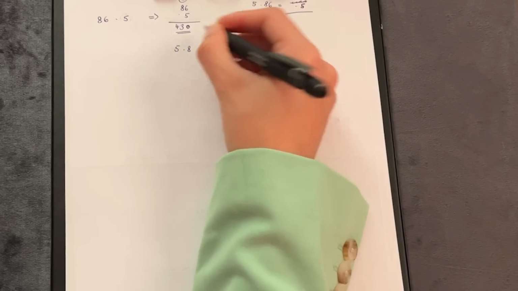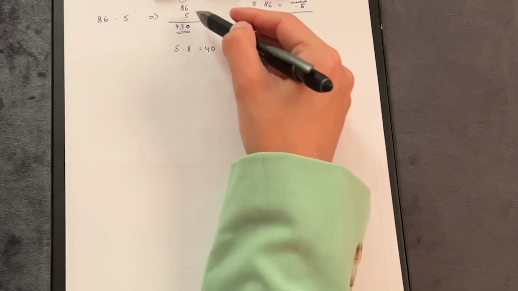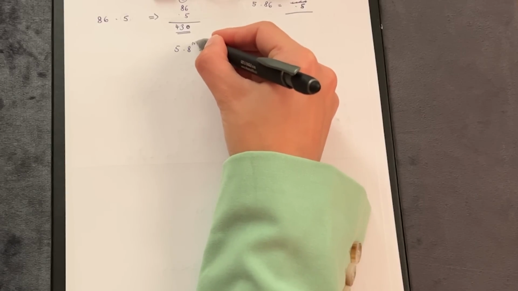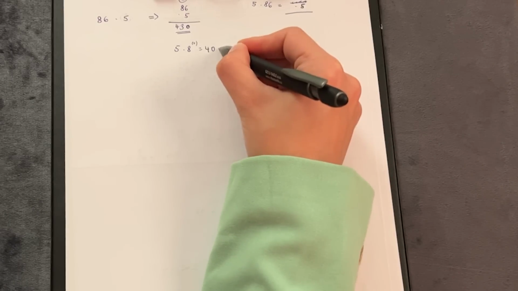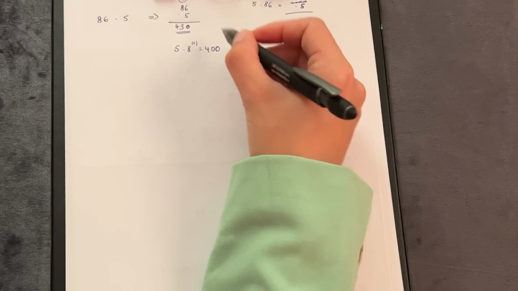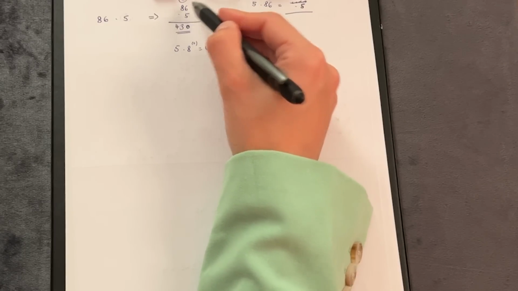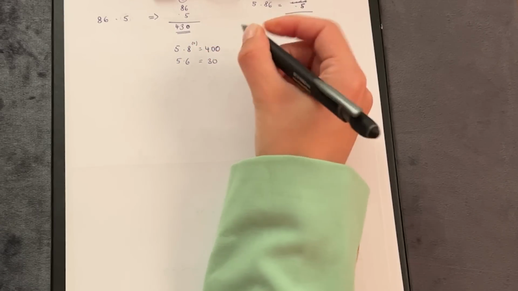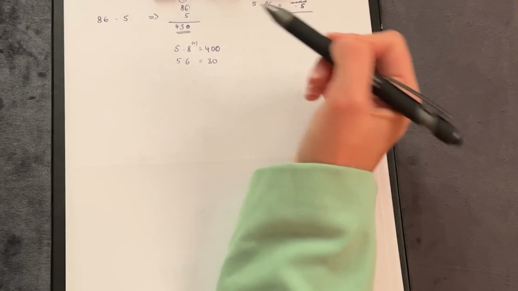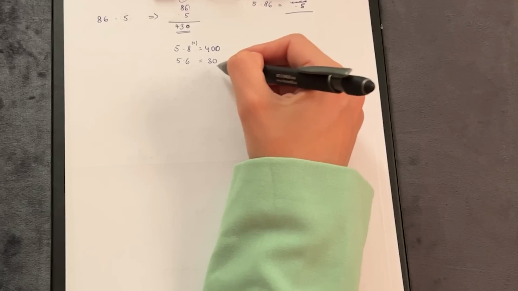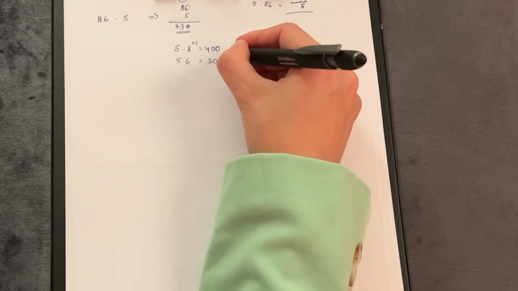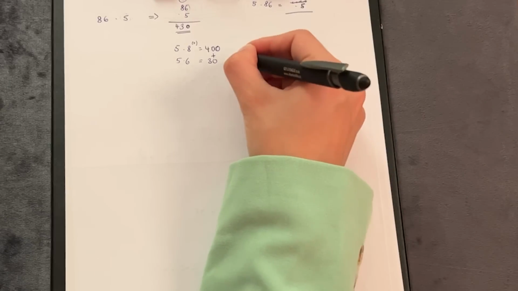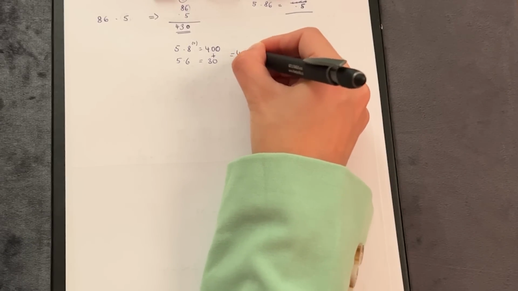It is 40. Since this is basically 80, you have to add another 0, which is 400. And then we have 5 times 6, which is 30. This time it is a one-digit number, so we do not add another 0. So you have 400 plus 30, 430.